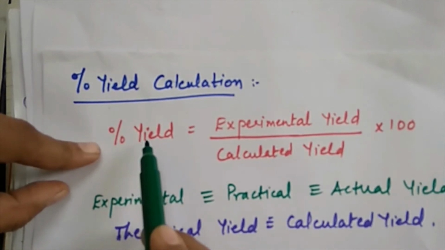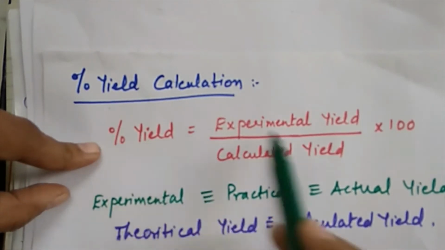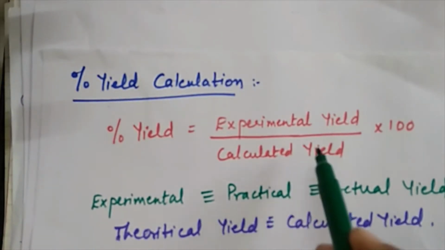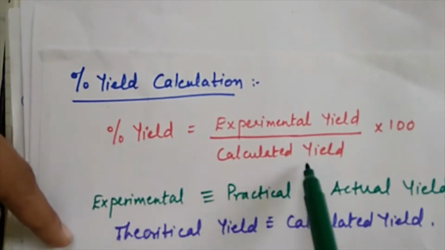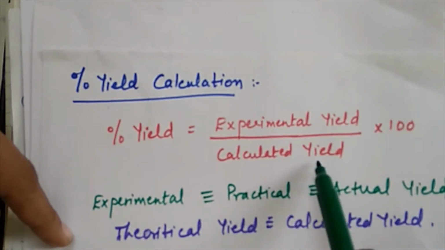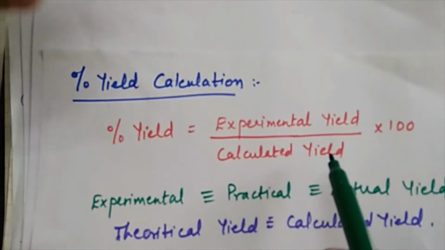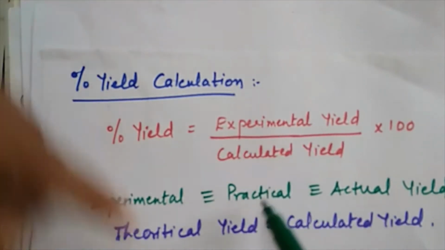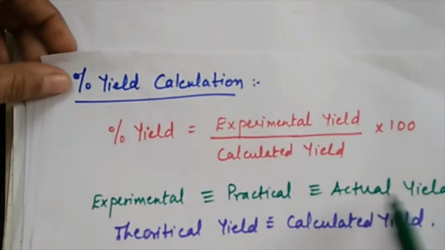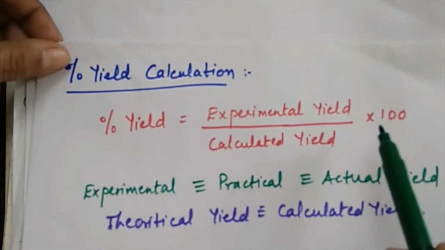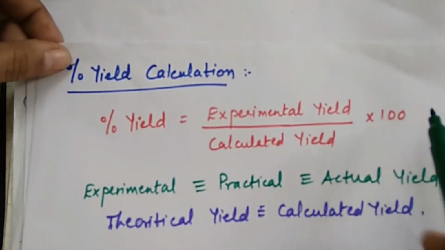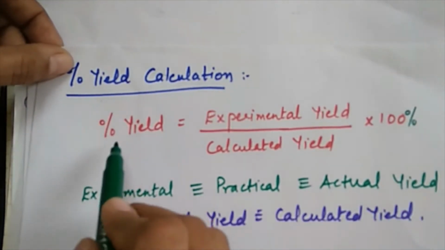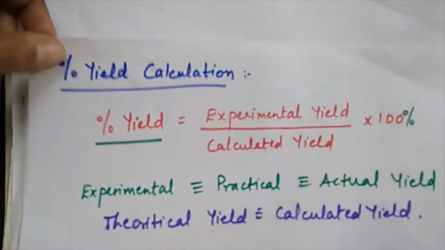Percentage yield is equal to the experimental yield that we have obtained practically, divided by the theoretical yield or calculated yield. Any terms may be given, so without any confusion, you can use either of the terms. Experimental yield is the practical yield or actual yield, and calculated yield means the theoretical yield, multiplied by 100%. Because we are calculating the percentage yield, we write here 100%.